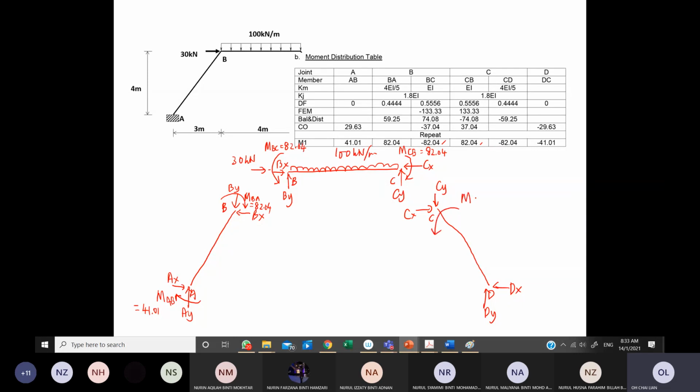So I have MCD, 82.04. Don't put negative 82.04 here because you already put in the direction counterclockwise. But if you put it clockwise, then you need to put it negative. Then for DC, it will be counterclockwise as well, in this way. So it will be MDC equal to 41.01.